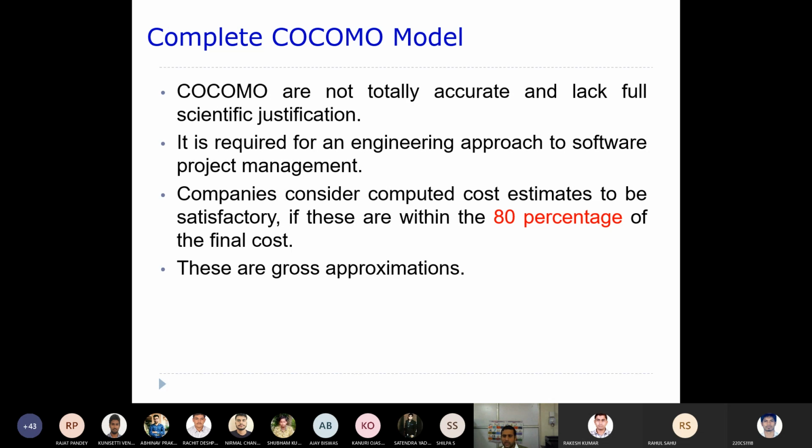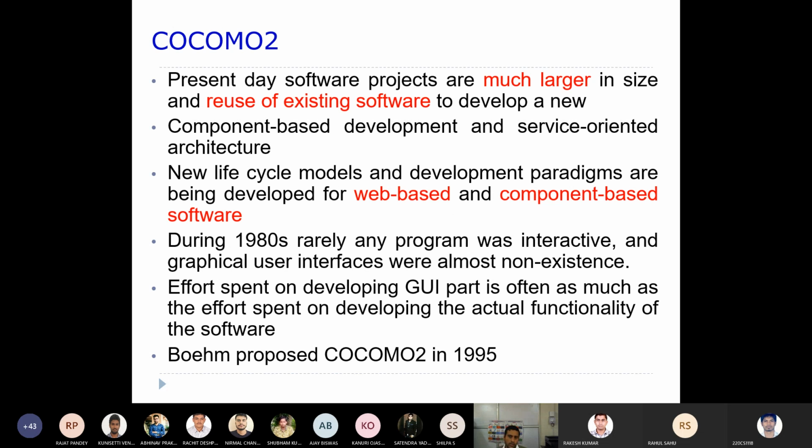That means whatever final cost our project incurs, the estimations we have carried out should fall at least within that 80%. Only then can we consider these models accurate. These are completely gross approximations, and that is the reason why we are now moving to the COCOMO 2 model.